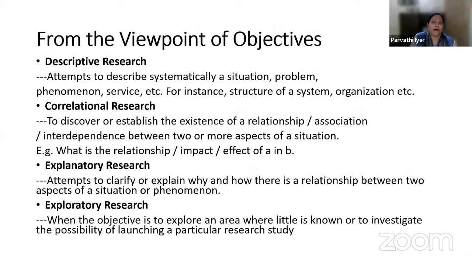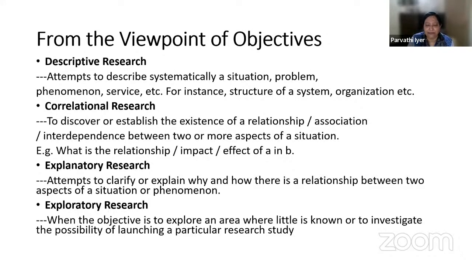Now, of course, if you look at the viewpoint of the objective of the research, that is, what is the objective of the research, there you can classify research into 4 types. For instance, you have descriptive research.